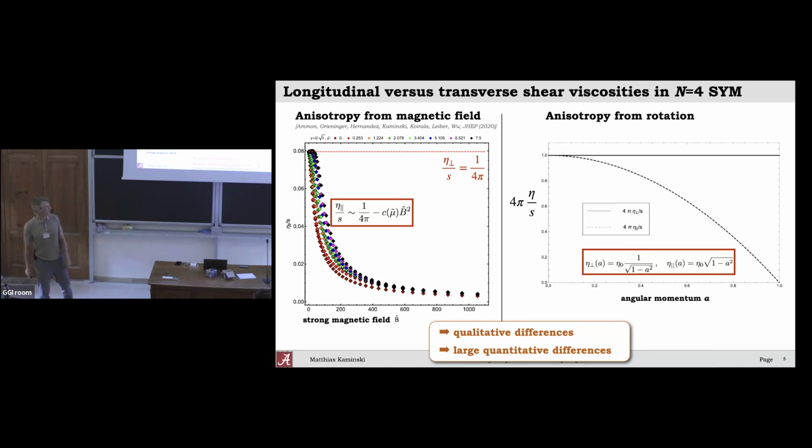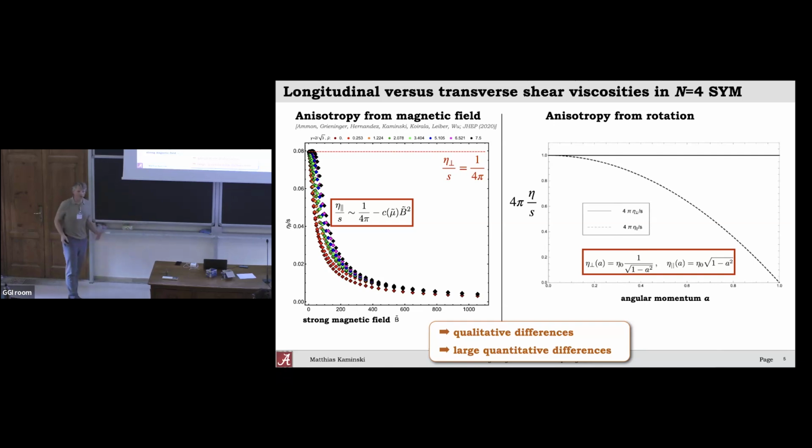Yeah, I believe I have an equation that makes that a bit more clear right now. It's a bit more of an advertisement to compare that this effect of suppression of one of the 2 shear viscosities, namely the longitudinal one, happens in both the magnetic field systems and the rotating systems. That's the message. There's a qualitative difference really between the shear viscosity that's transverse, which is behaving like we expect.